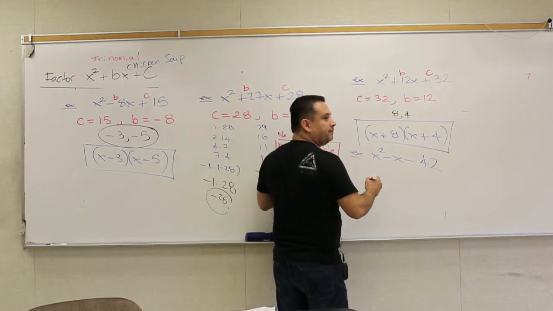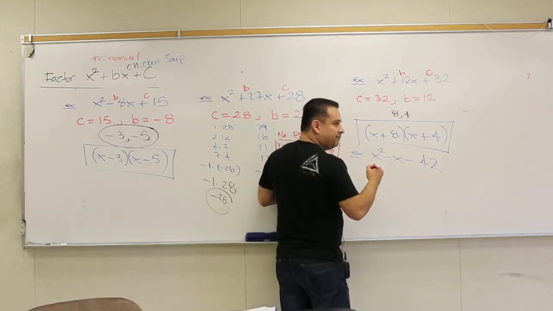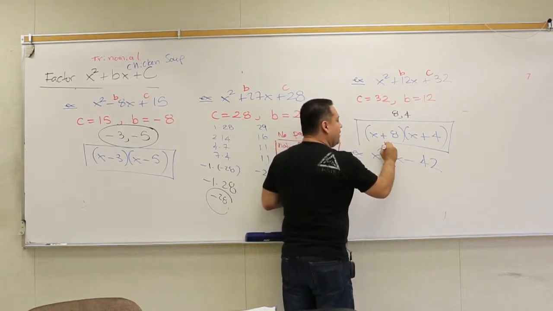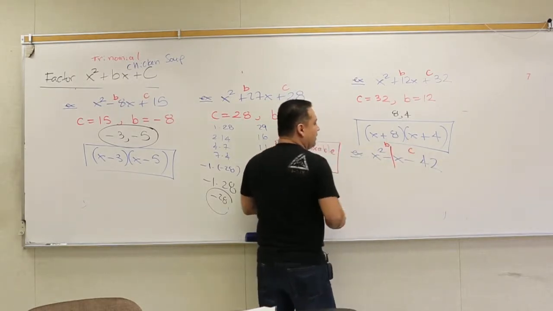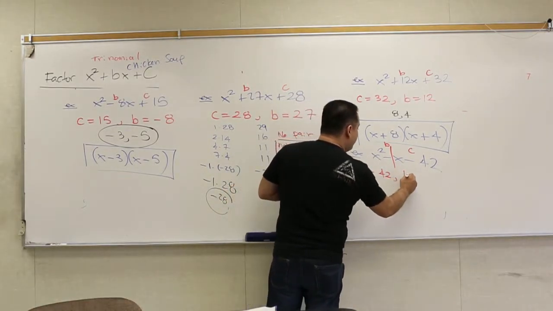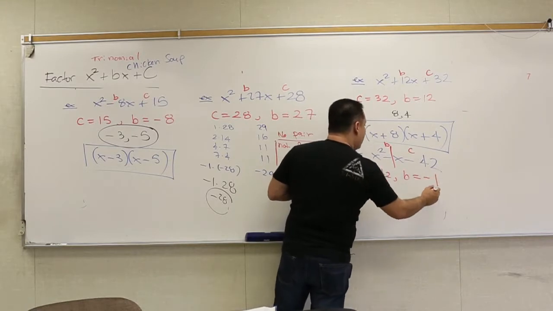Okay, here we go. Can you guys tell me what B is? B is the number multiplied to X, right? Here's B and here's what? C? So C is negative 42, B is negative 1.